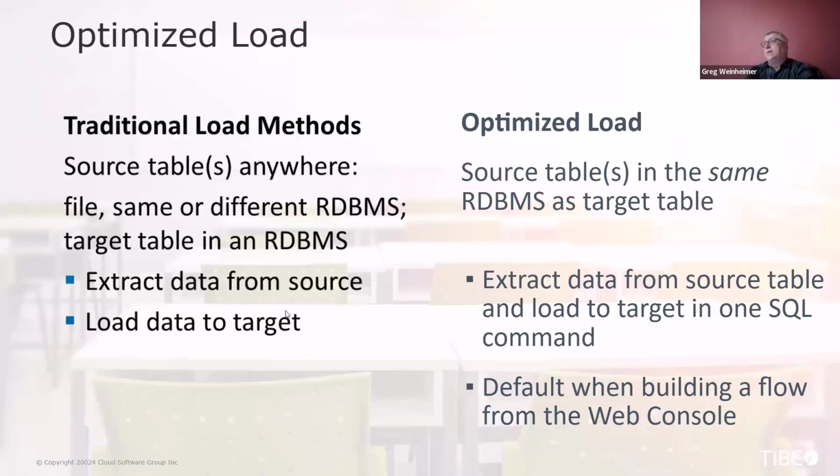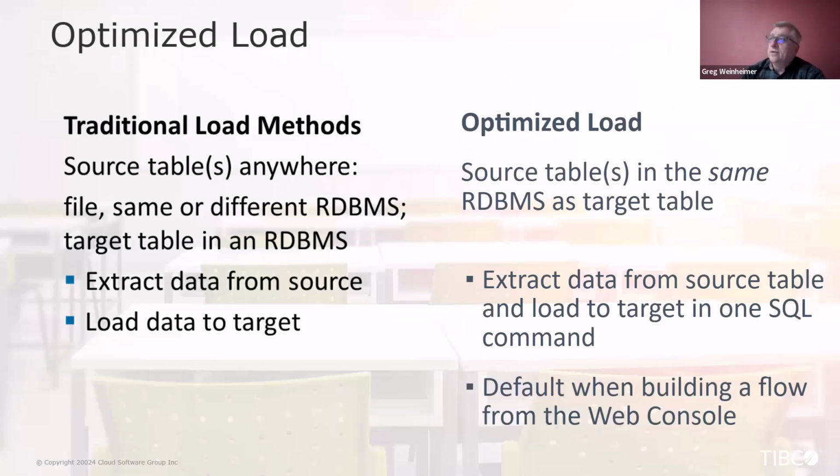Optimize load. Okay, when you set optimize on, Data Migrator is going to try to decide the best way to take that data from the source and put it into your target. One of the things it will do is, if your source and target happen to be on the same RDBMS, it's going to send either a select, or a select based insert, or a select based merge, where you select the data and then merge or insert the data based on that select statement.